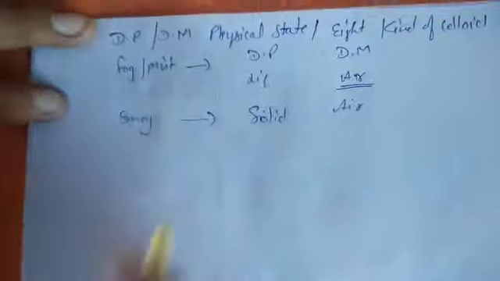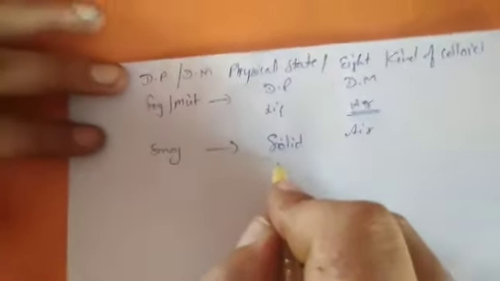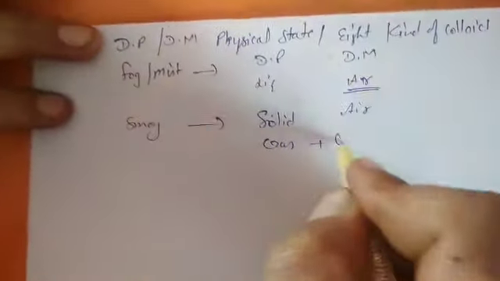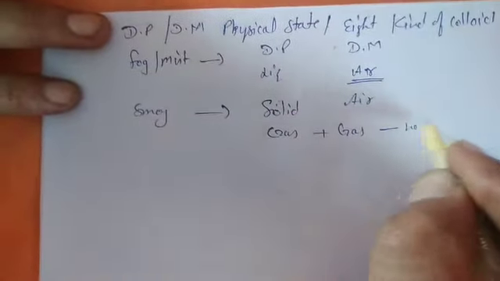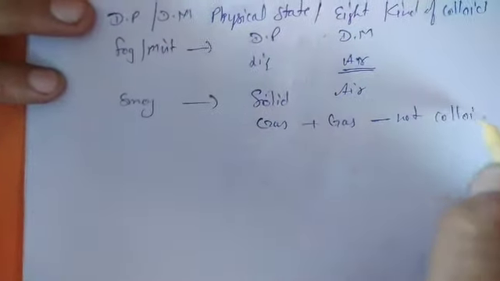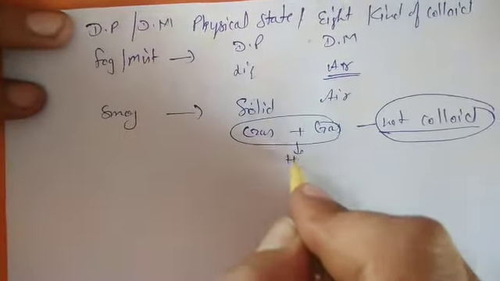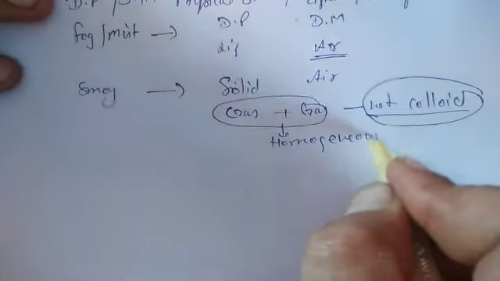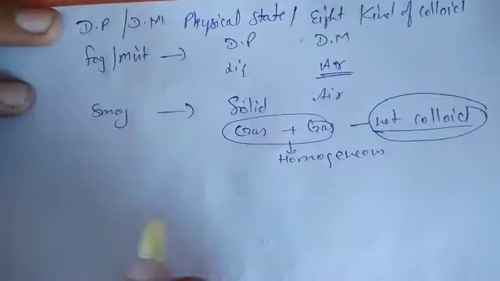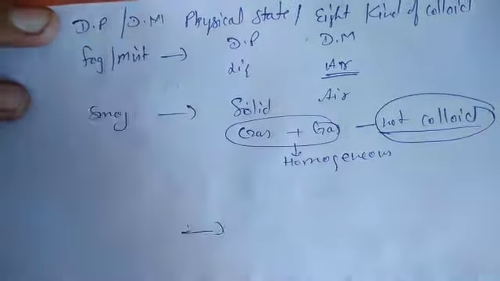But a gas mixed with a gas is not a colloid. Why? Because gas plus gas makes a homogeneous mixture, which is not a colloid. However, the dispersed phase can be in different forms.